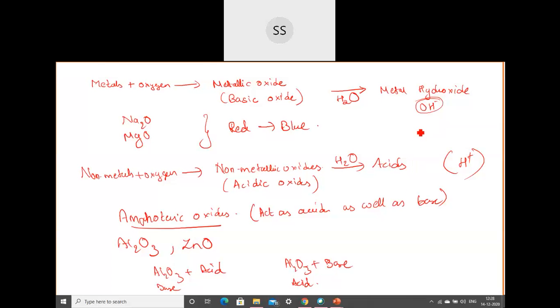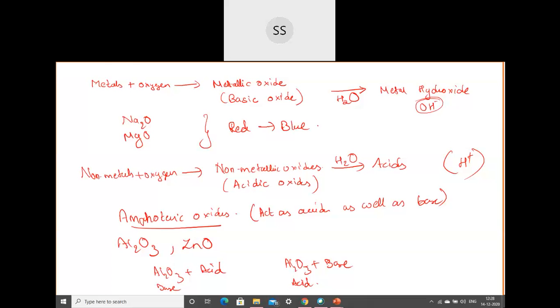What type of oxides are formed when halogens combine with oxygen? Yes, non-metallic oxides, also called acidic oxides. You write both names. Mention acidic oxide also in the bracket.